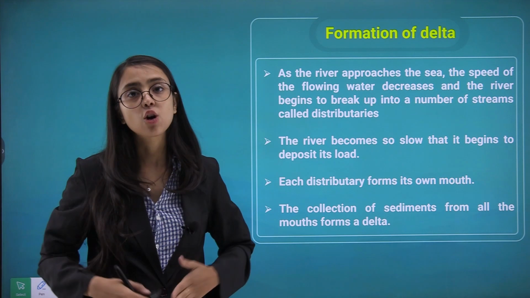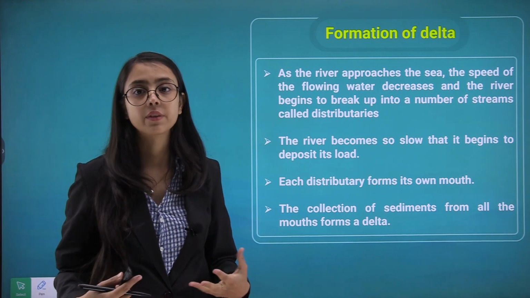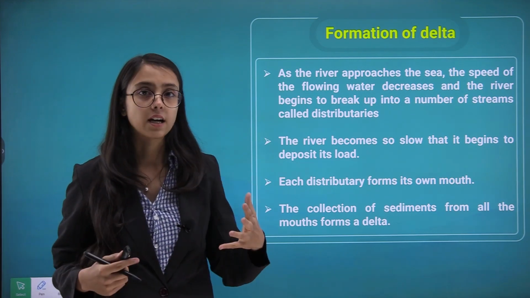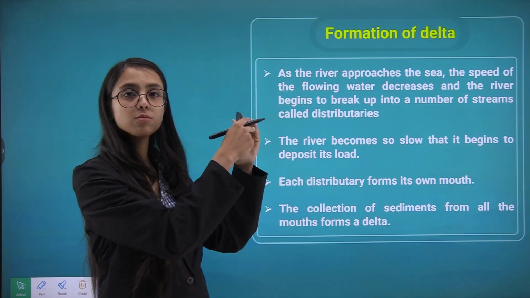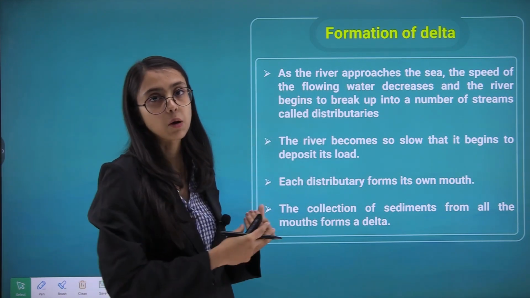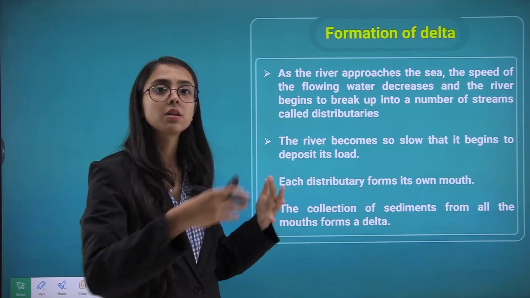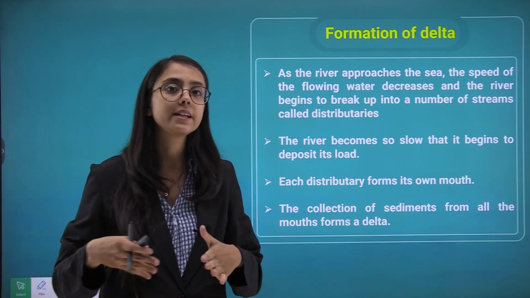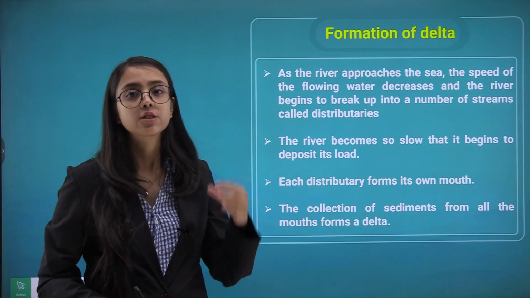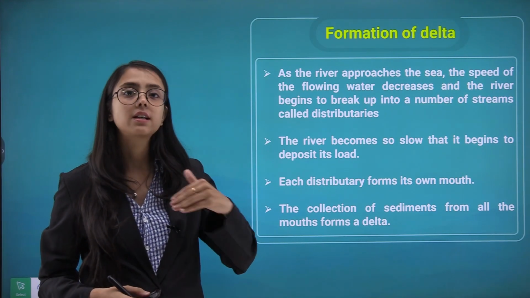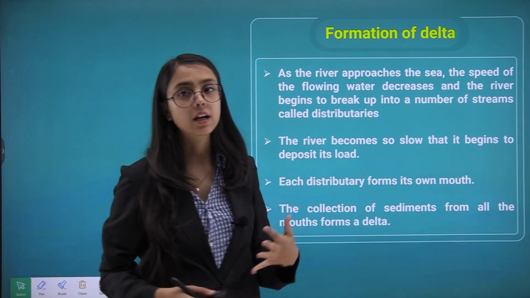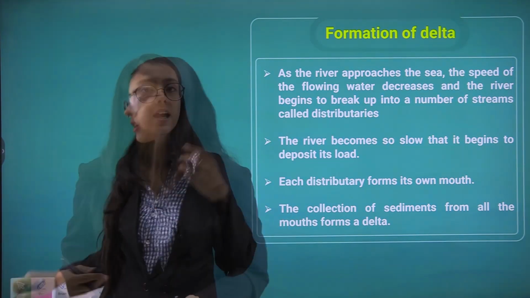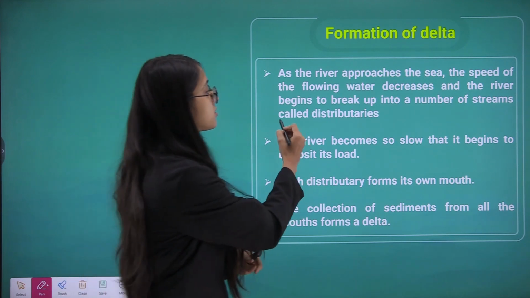Now, let's talk about the formation of a delta. So, what is a delta? As the river approaches the sea, the river, which starts from a glacier in the mountains and flows through plains and plateaus, finally mixes with the sea. The speed of the flowing water decreases gradually. The river starts to break up into a number of streams, and these streams are called distributaries.